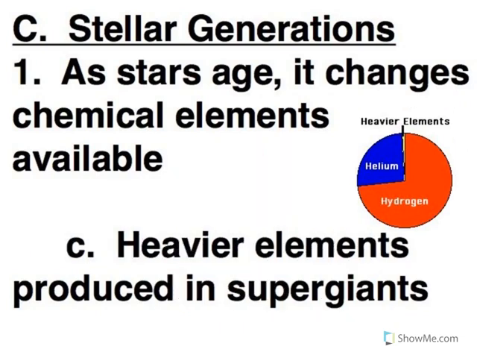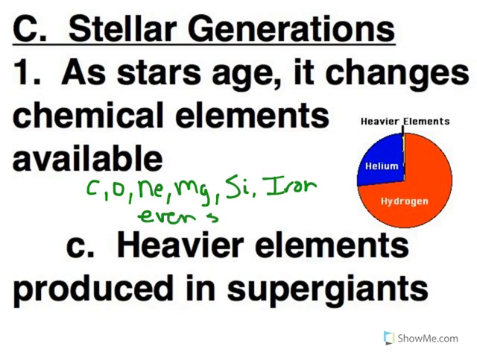And then, of course, in the larger stars, we go beyond the carbon and oxygen to also getting neon, magnesium, silicon, iron. But these are going to be in even smaller amounts because only the highest mass stars produce this.